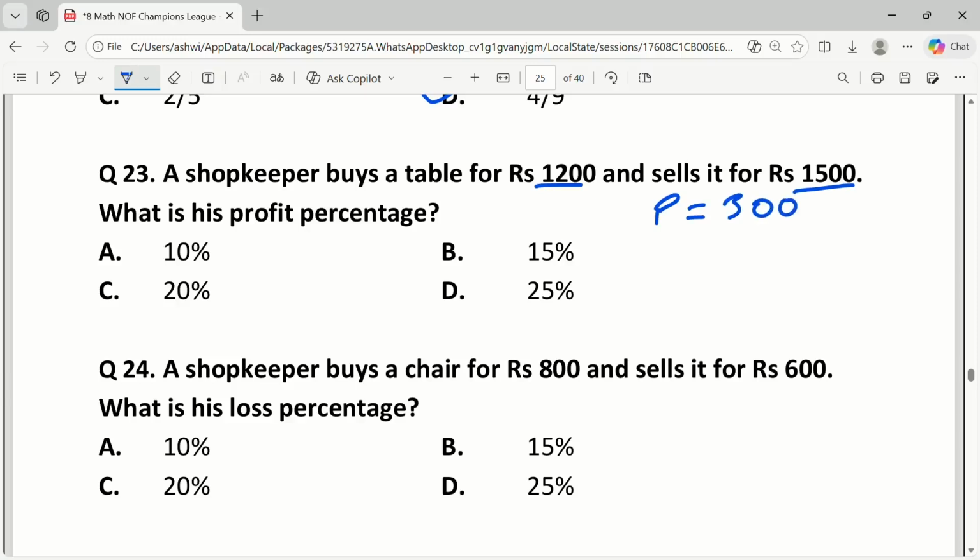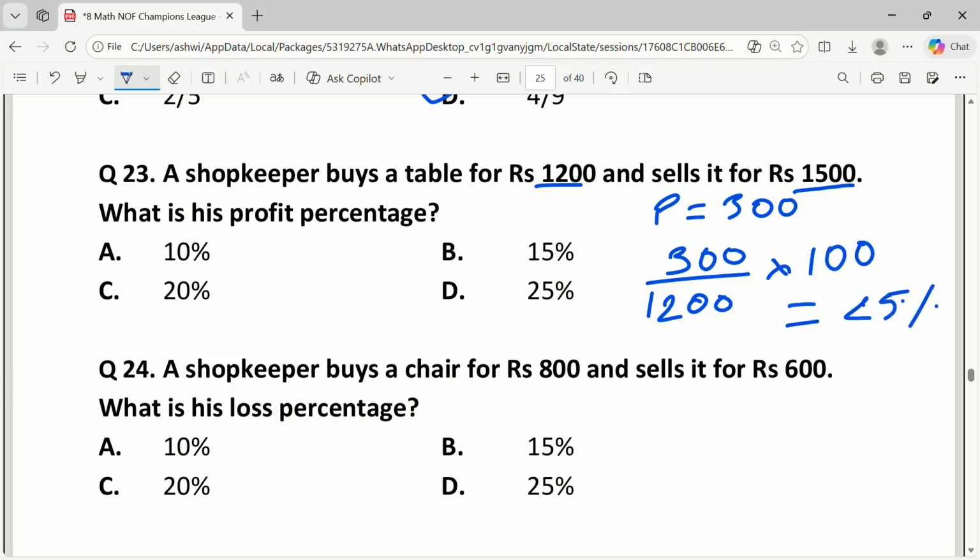Profit percentage is equal to profit upon cost price into 100. That is 300 upon 1200 into 100, which is equal to 25%. The answer is B.